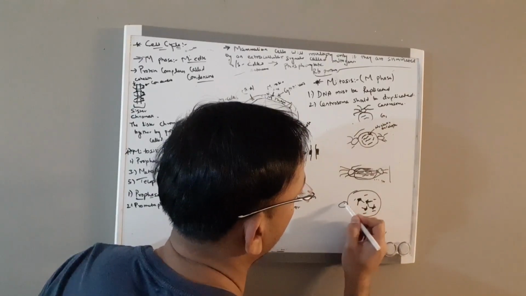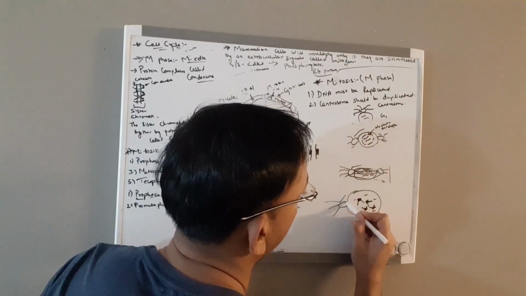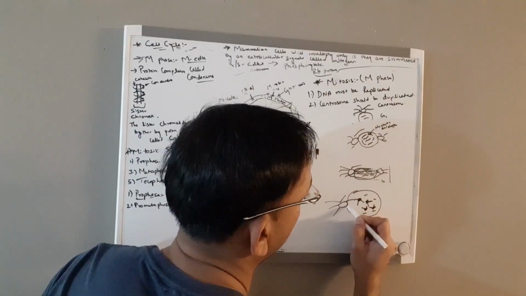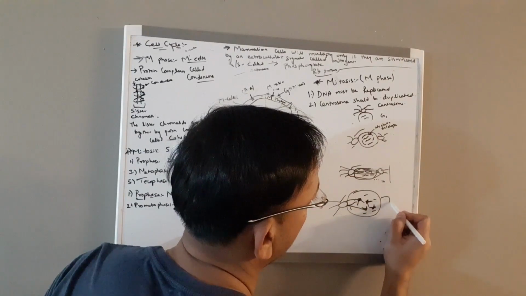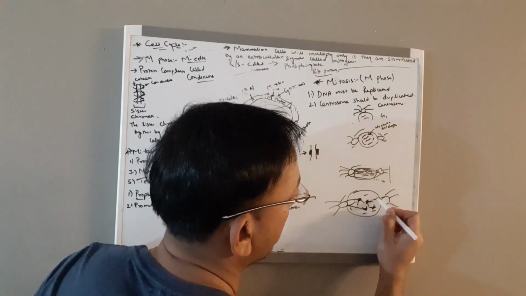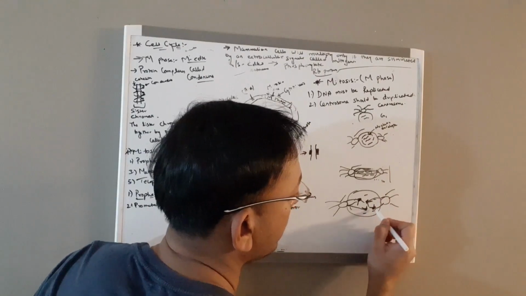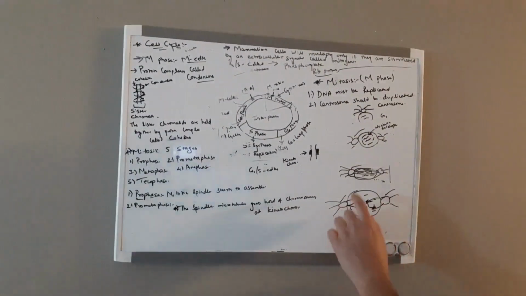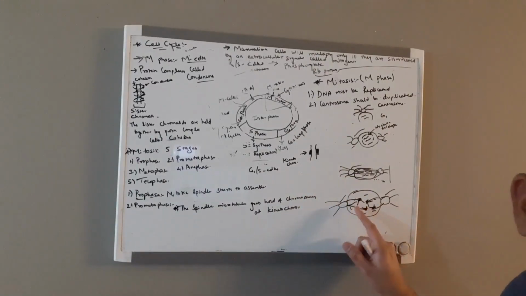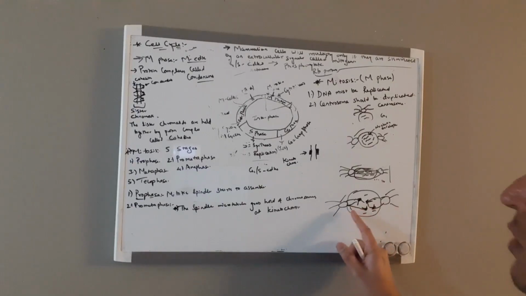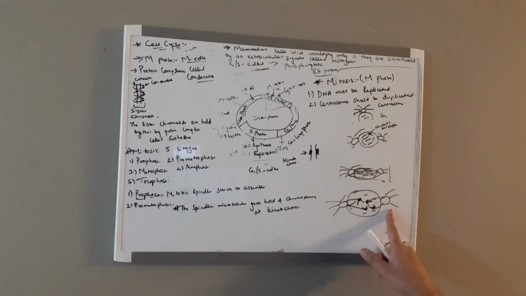And for example we have this, right? Something like this, just a random picture, but this is how it looks when the nuclear envelope is broken down and the kinetochores are formed. So the kinetochore microtubules link the chromosome to the spindle pole. This is how it is.